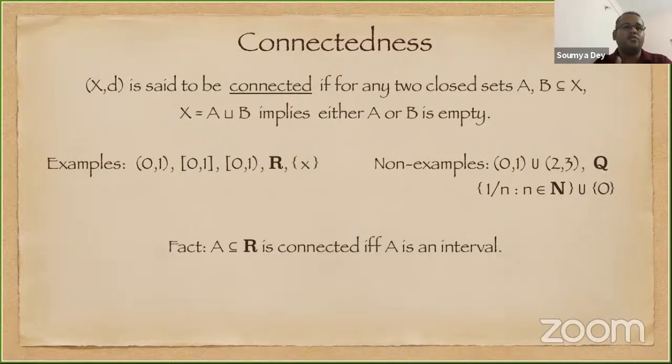You take the square root of 2, and take all rationals less than the square root of 2 and all rationals greater than the square root of 2, and these two will be closed sets, right? So Q can be written as a union of two closed sets, or two open sets, right?